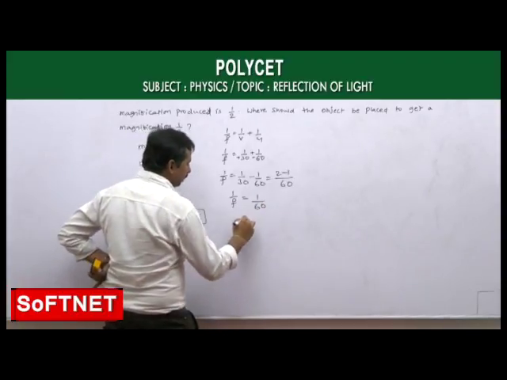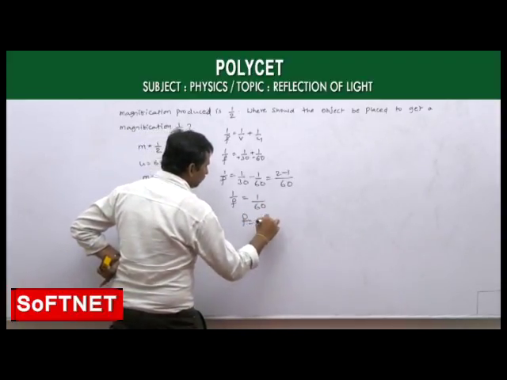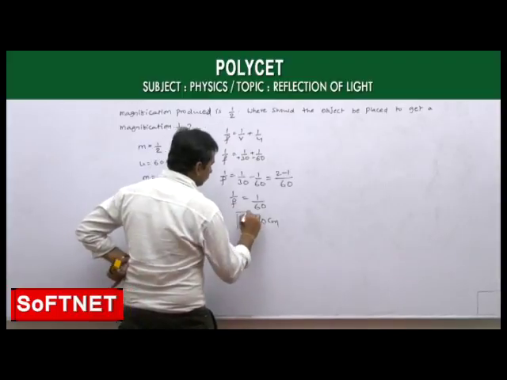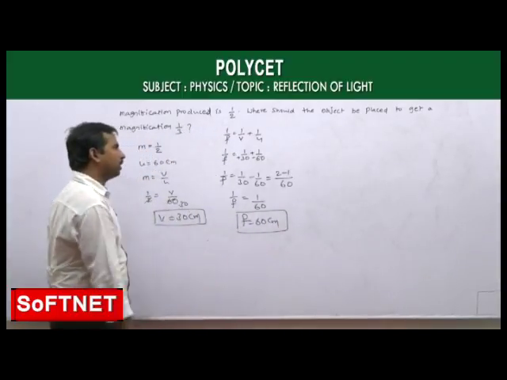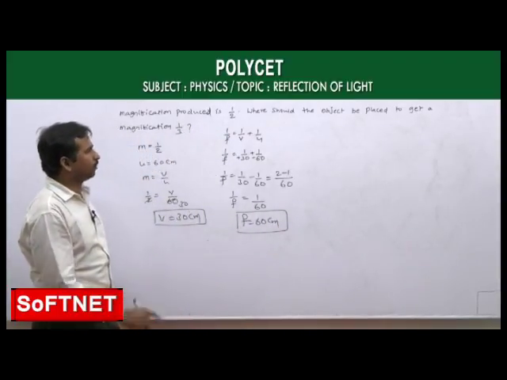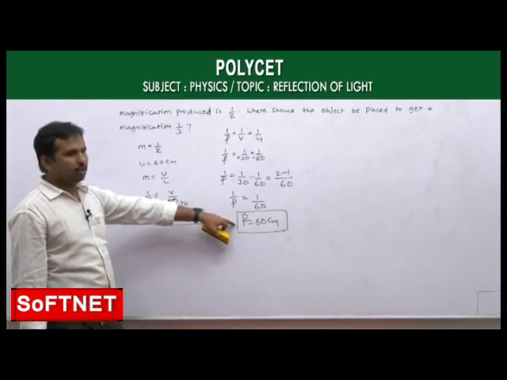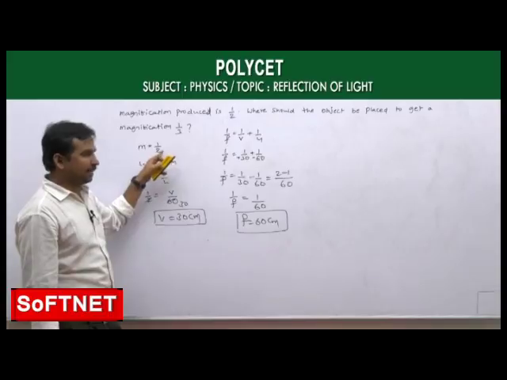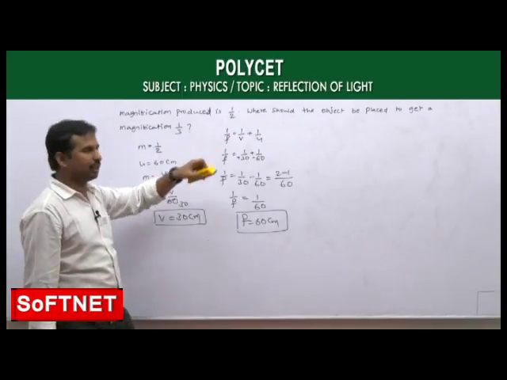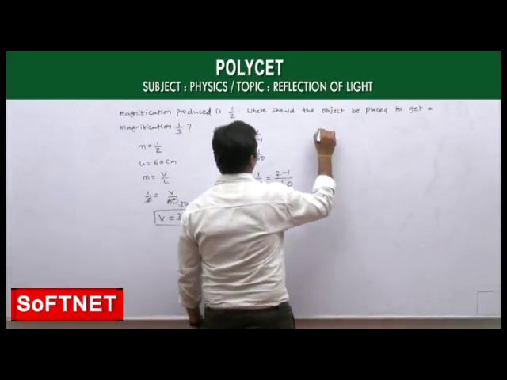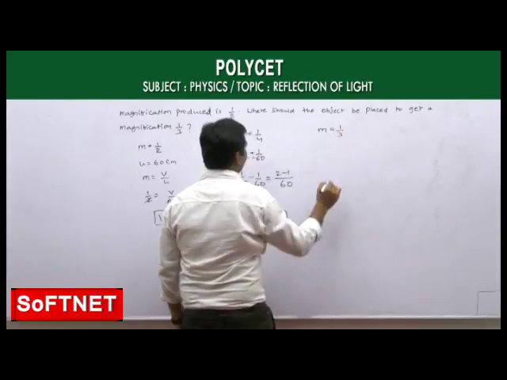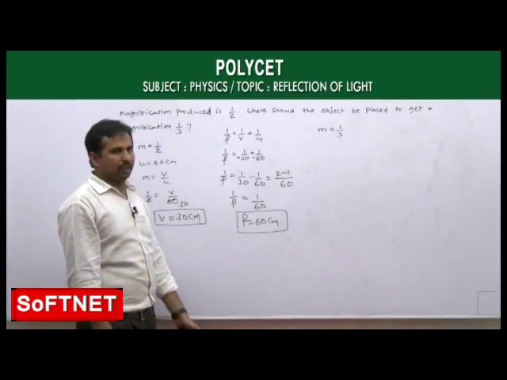Finally we got the focal length as 60 centimeters. This is the focal length of the convex mirror given there. But now the question is, if you want to get the magnification, instead of 1 by 2, more diminished, m equal to 1 by 3, then where does the object have to be placed?